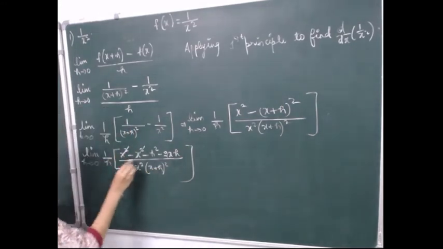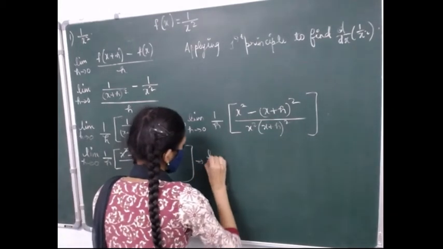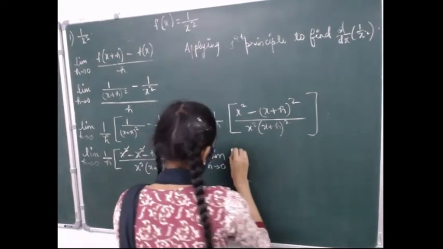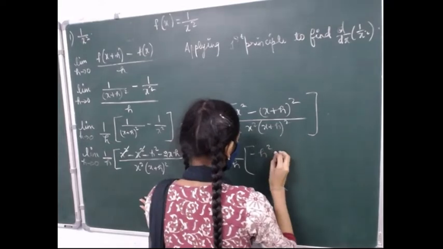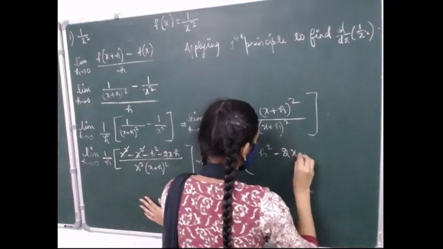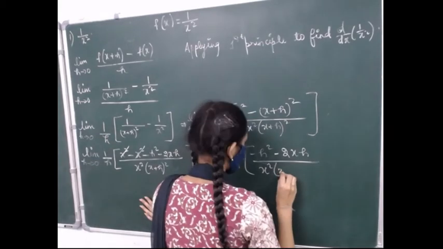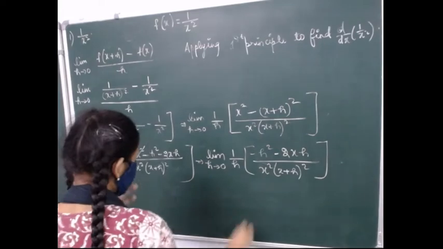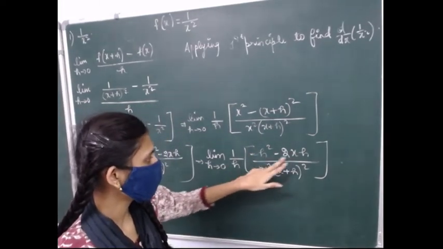So x square minus x square gets cancelled. The next step is limit of h tending to 0, 1 by h into minus h square minus 2xh, whole divided by x square into x plus h the whole square. So here in the numerator, h is common in both the terms.